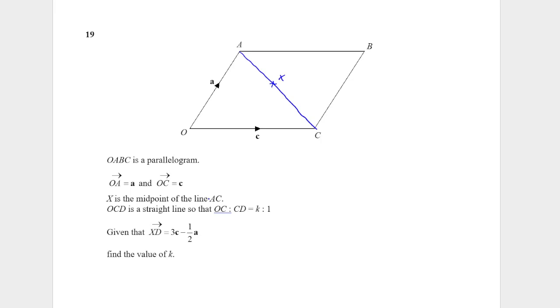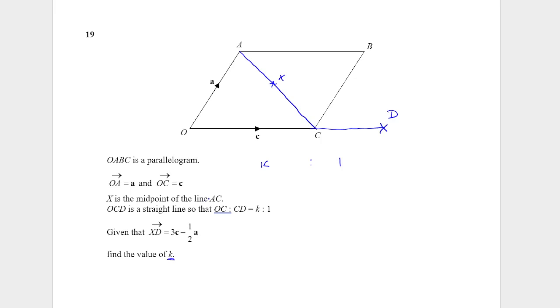OCD is a straight line such that OC to CD is k to 1. So we've got another point. If we extend this line, we've got another point here, D, and the ratio is k to 1. Given that X to D is 3c minus a half a, find the value of k.